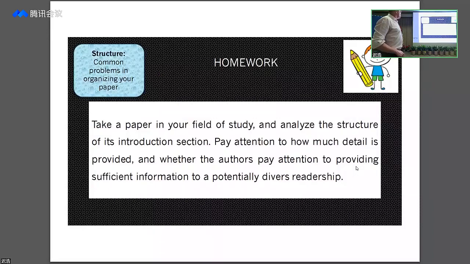Okay. So this is a piece of homework that you can do. Please go have a look at the introduction section.